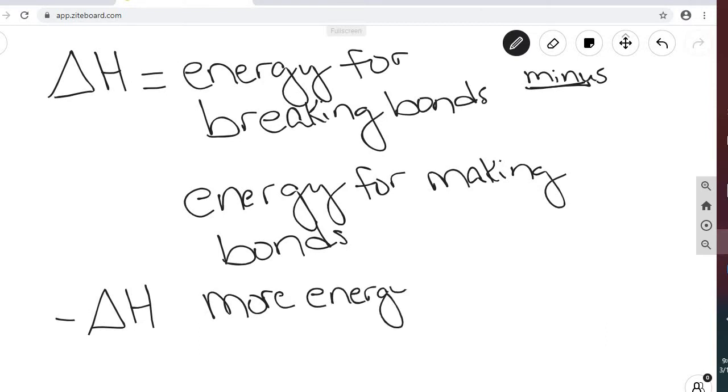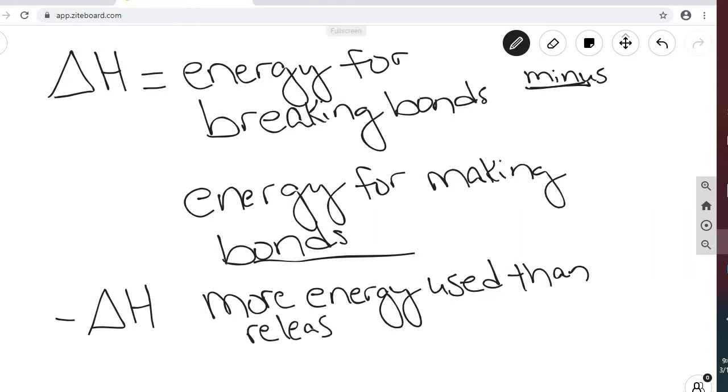So more energy was used to break the bonds than is released from forming the bonds. So more energy used than released. So that would be an exothermic reaction.